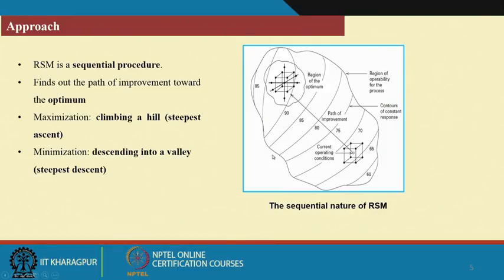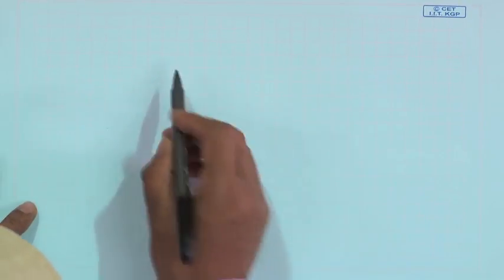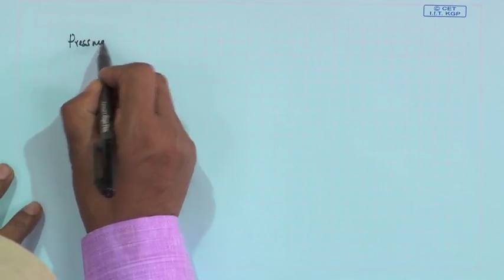So for this you require some more concepts. What are those concepts? So let us write down. Suppose, for the time being, you think of the same pressure and temperature.